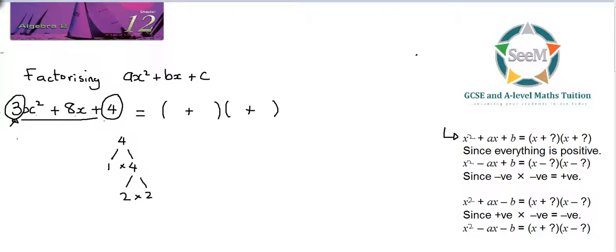Here for 3 we have factors of 1 and 3. To make life easier, I will draw a line here. So we have the factors of 3 over here, 3 and 1, and then the factors of 4, we have 4 and 1 at the bottom, and then 2 and 2.